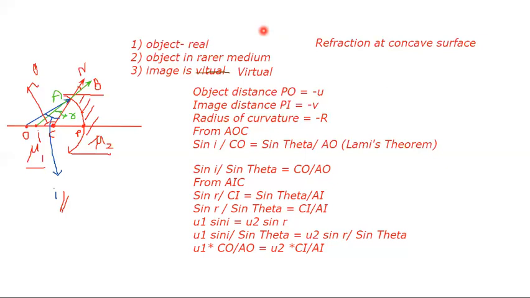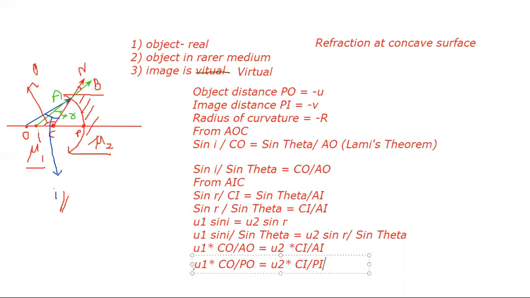So we can write mu1 into CO divided by, instead of AO we can write PO because A and P are same, is equal to mu2 CI divided by, instead of AI I can write PI. Understood?